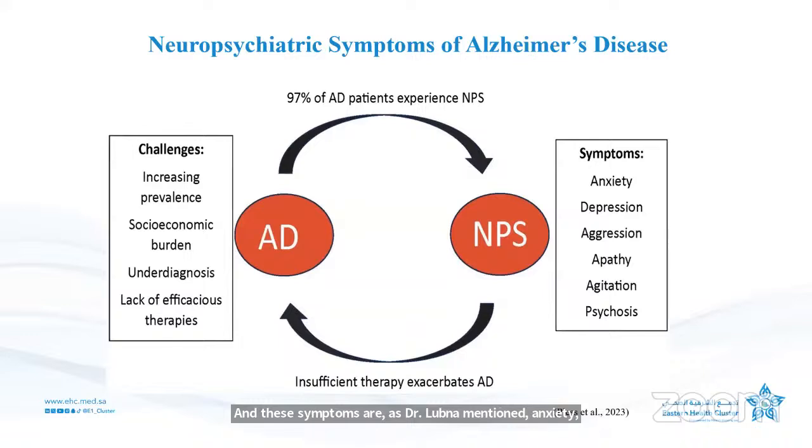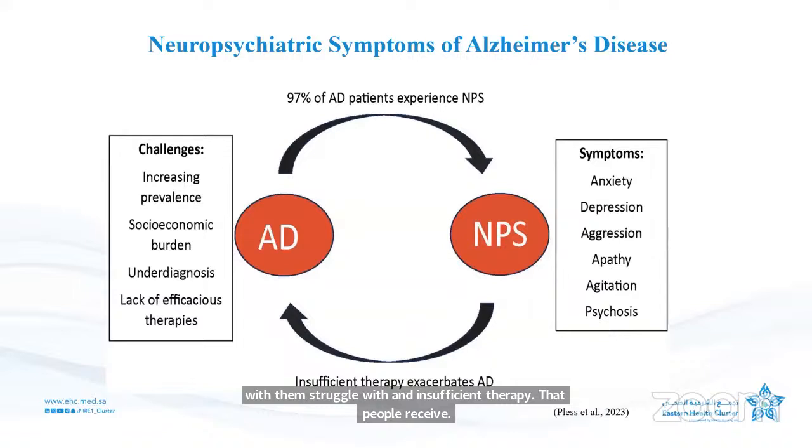And these symptoms give us these challenges that people with Alzheimer's live with, and people looking after them and people living with them struggle with. And insufficient therapy that people with dementia receive exacerbates their symptoms.